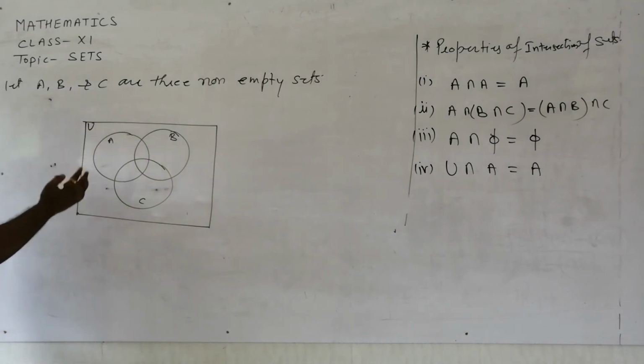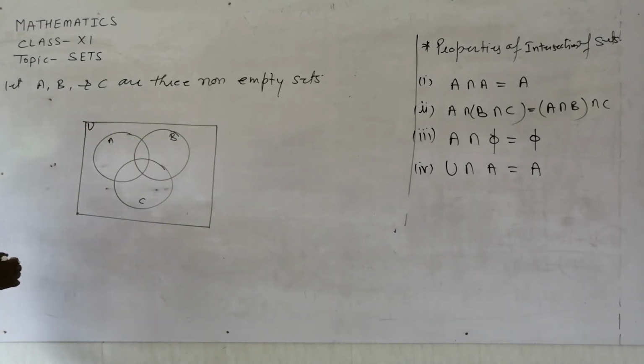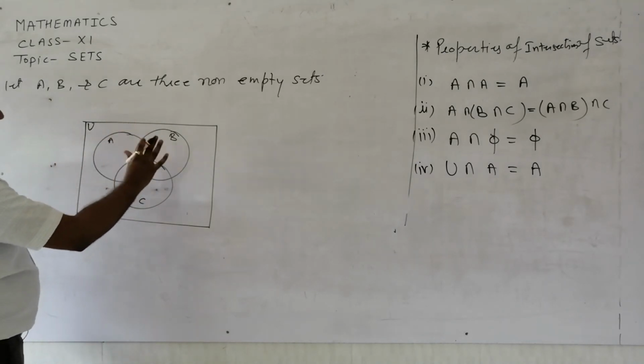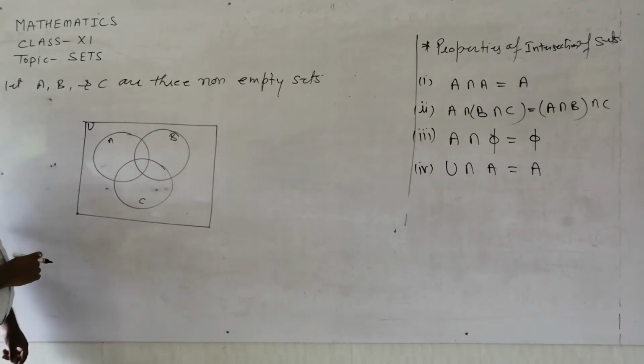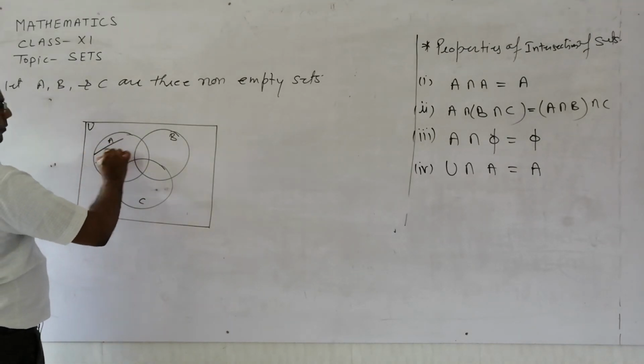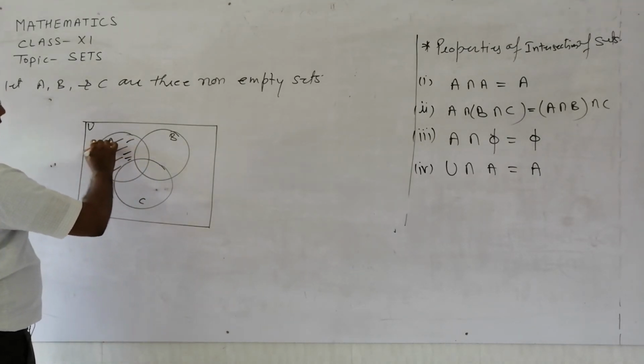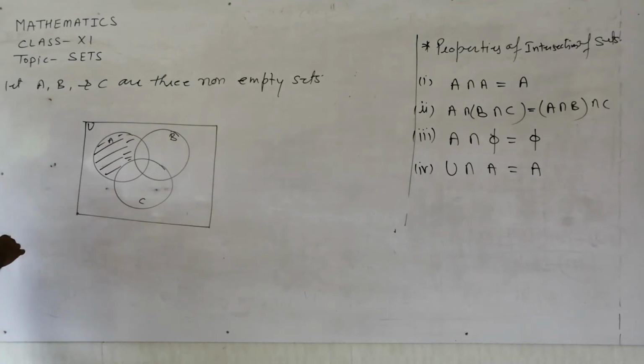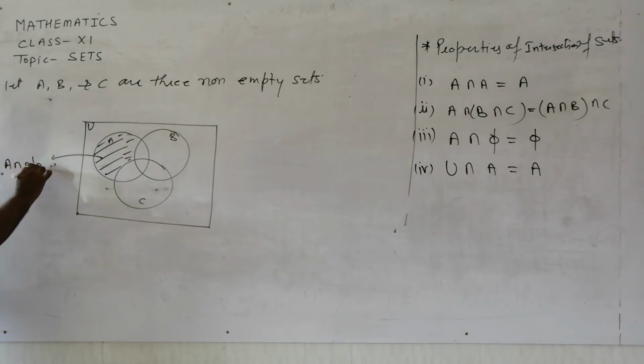See now, there is certain notation I want to introduce here. If we are talking about three sets, and these sets are not disjoint sets, then this particular part we can write as A intersection B complement intersection C complement.